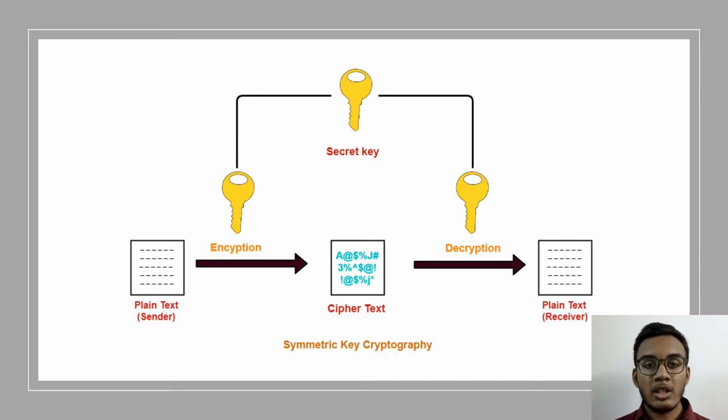The same key that is used to encrypt the data is sent to the receiver securely using cipher techniques. Then the receiver, using this key, decrypts the cipher text into the plain text.